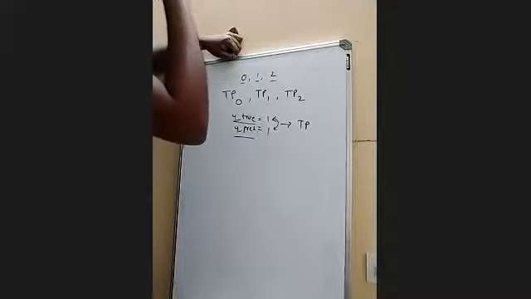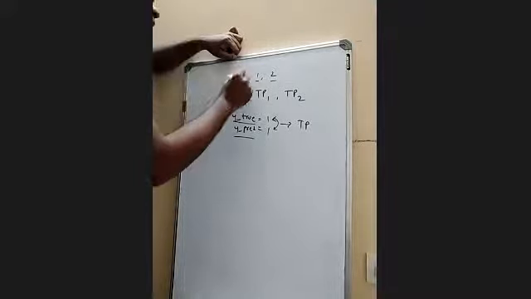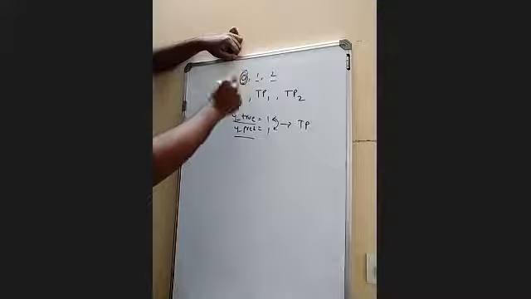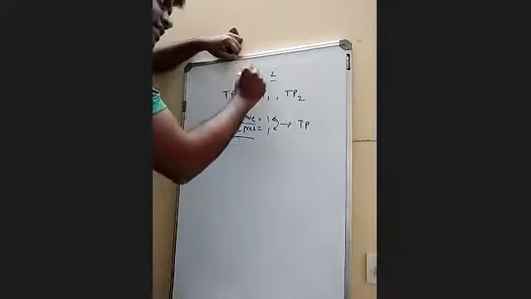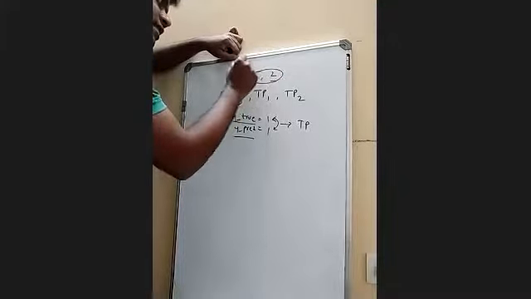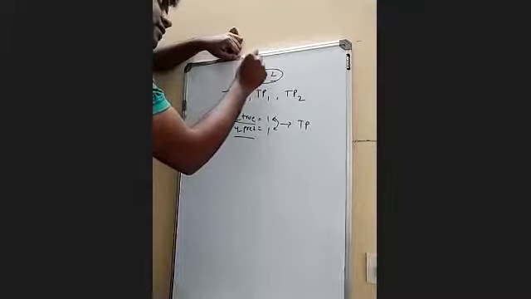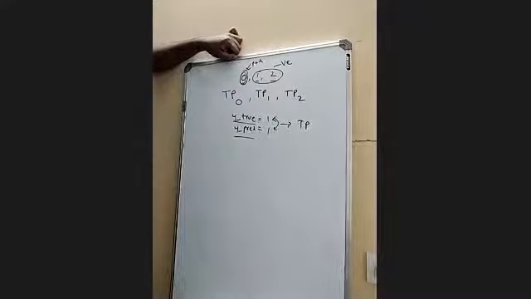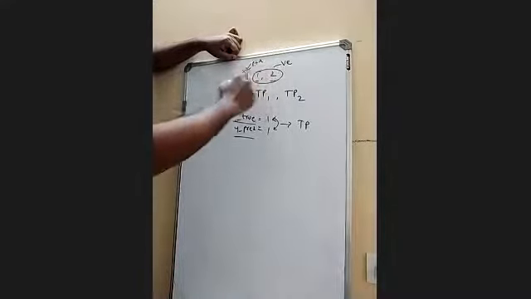Now, for true positives for class 0, you should consider this class as the positive class and the other two classes combined together as the negative class.